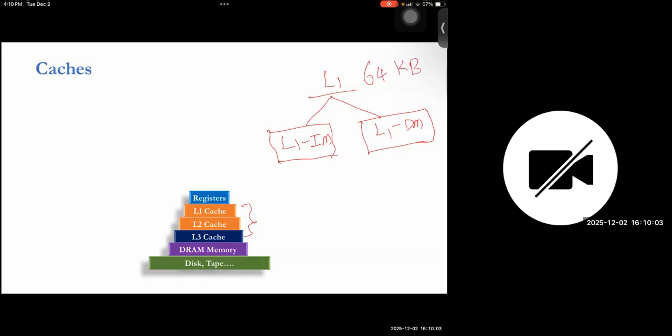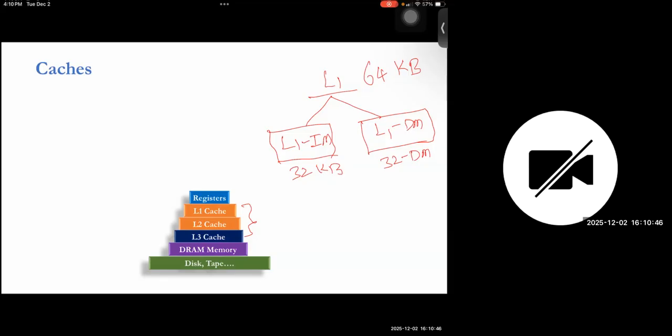This 64 kilobytes is partitioned into 32 kilobytes of instruction memory and 32 kilobytes of data memory. To avoid the pipeline structural hazard, these L1 caches are usually partitioned. Bigger caches are too slow to access and physically difficult to accommodate on the chip, so they would be too far away from the computational logic like the ALU.